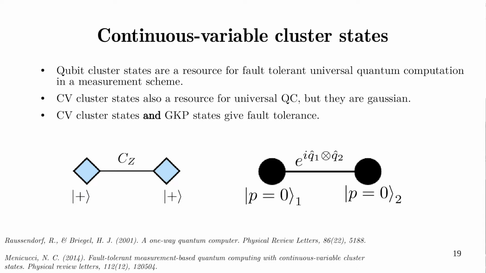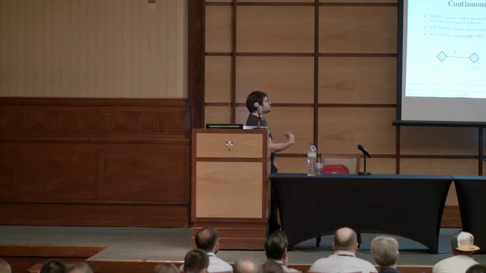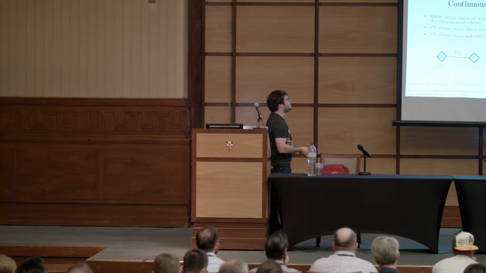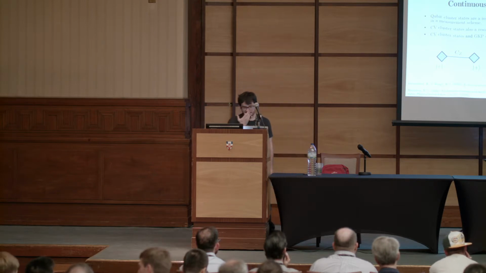So let me fix some notation. On the left, we have logical discrete variable cluster states, for which we use diamonds. The easiest possible one we can think of would be the plus plus connected by a CZ operator. And on the right, we have the CV counterpart, two zero momentum eigenstates connected by the CV version of the CZ operator.